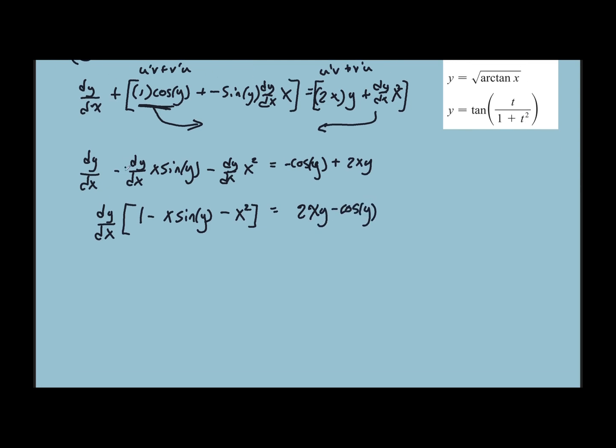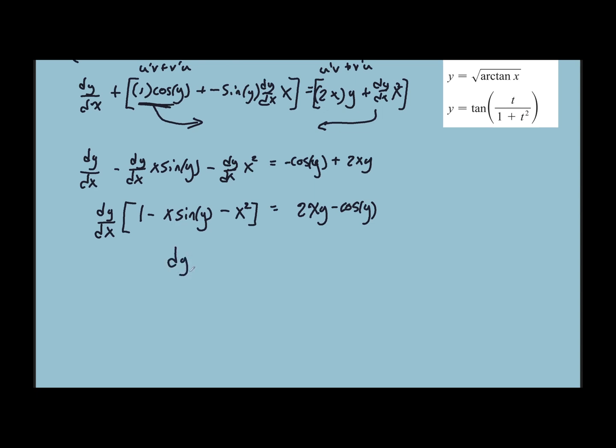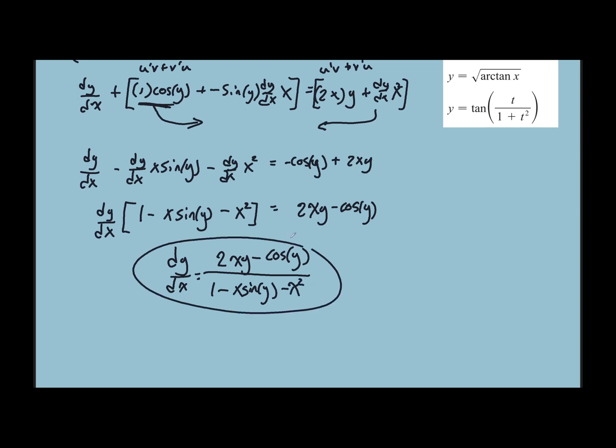So then we could just divide, and we'll find that dy/dx, it's not particularly clean, but I think we're arriving at the answer, equals cos y over that 1 - x sin y - x². And that's that derivative. It's kind of cool looking, really. But that is the right answer.